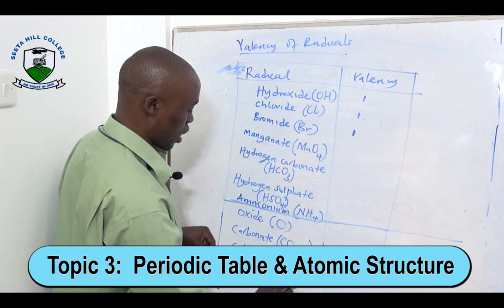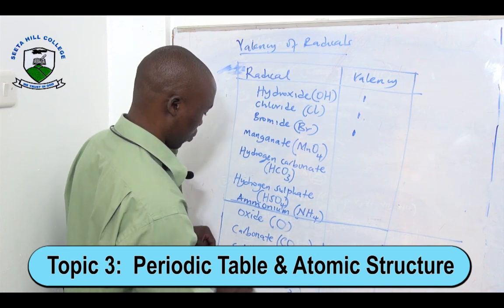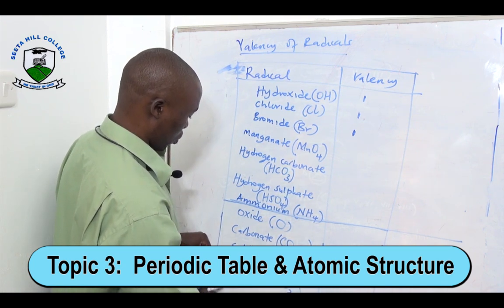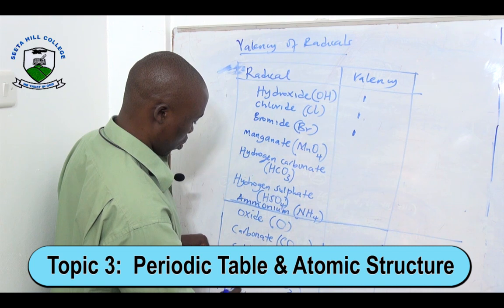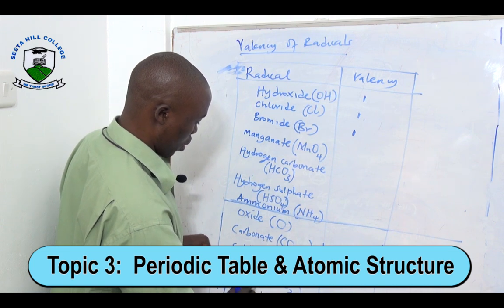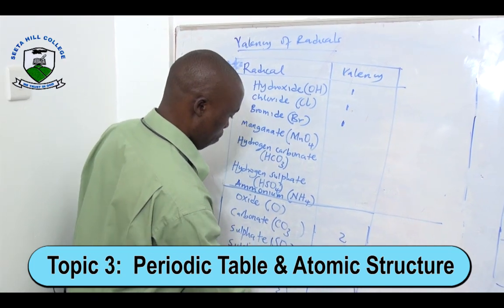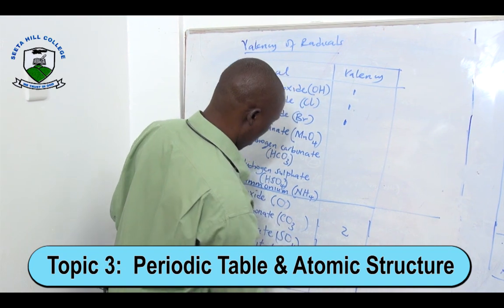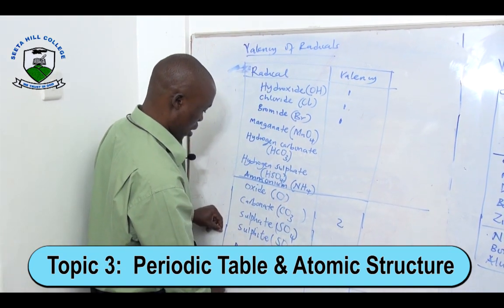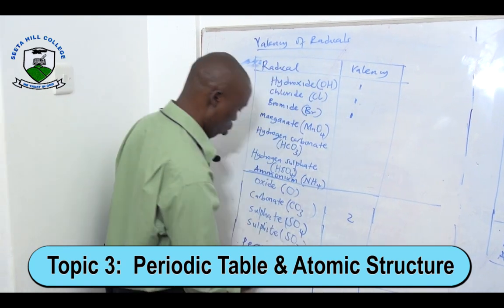Do you see sulfite is... Peroxide is O2. Then we try to, we just give a few, you'll add more from the textbooks and Google.